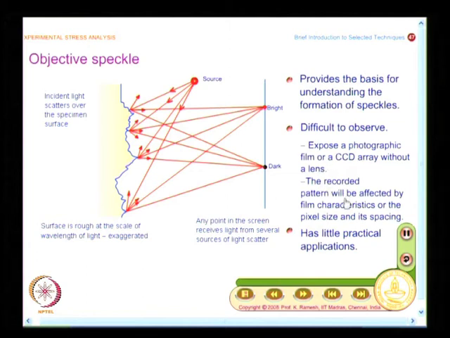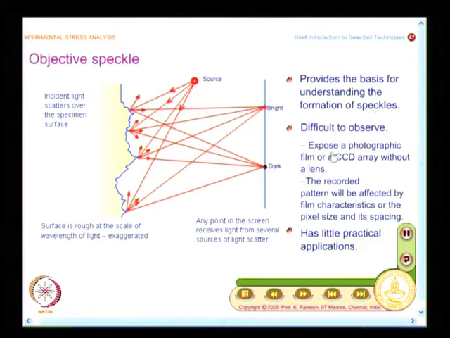The recorded pattern will be affected by the film characteristics or the pixel size and its spacing, and has little practical application. But the importance here is it provides a basis for understanding the formation of speckles. But it is difficult to observe.